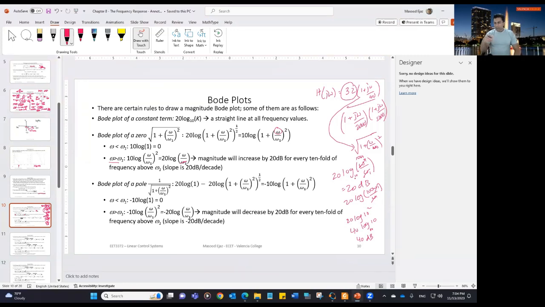So every time you increase the frequency by 10-fold, the decibel value of the zero increases by 20 decibels. The magnitude will increase by 20 decibels for every 10-fold of frequency above omega 1. So we say that this line has a slope of 20 decibels per decade of frequency.